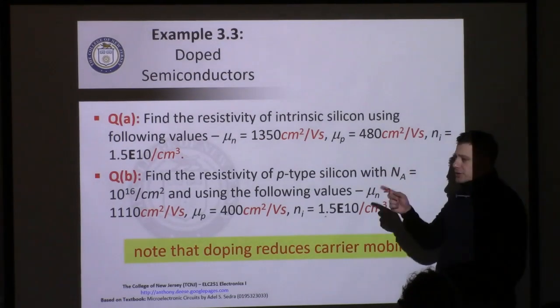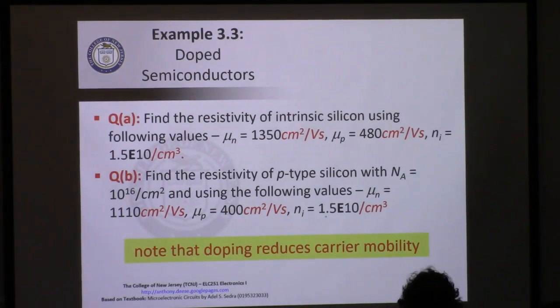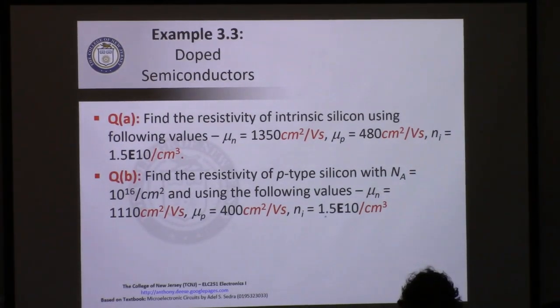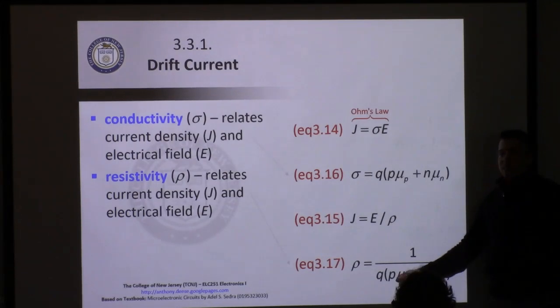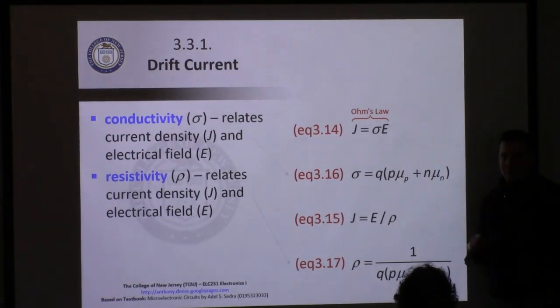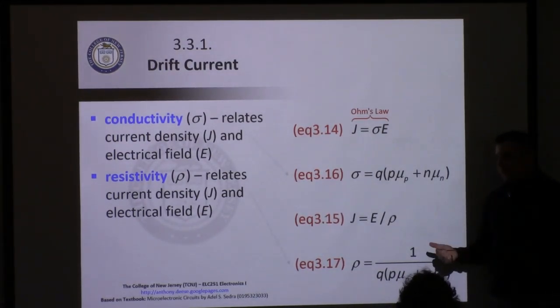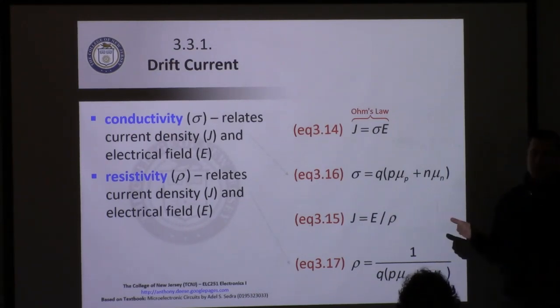So let's go back to the equation and figure out what we're going to do here. Again, they gave us mu n, they gave us mu p, that's fine. And then what they give us is the concentration of acceptor atoms and Ni.